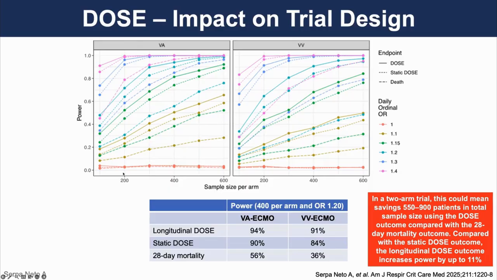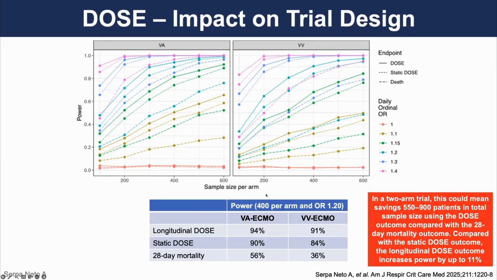So you can see that for the same, let's get here, 200 patients, for a similar effect estimate, the power for mortality is 80%. The power for a static DOOR is close to 96, 95, and the power for a daily DOOR is close to 100%. So it always results in more power than the other measurements.